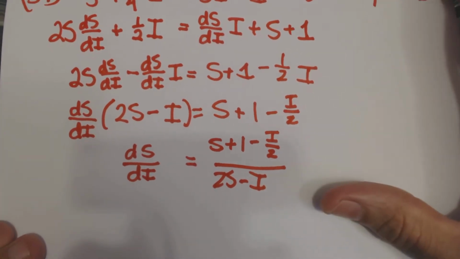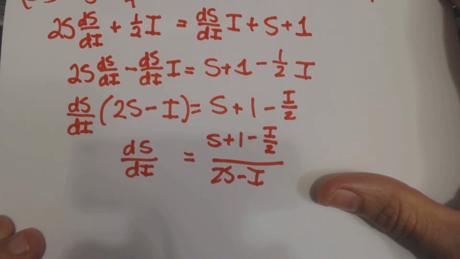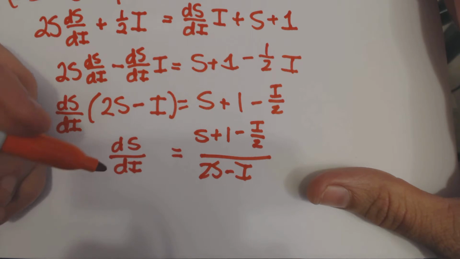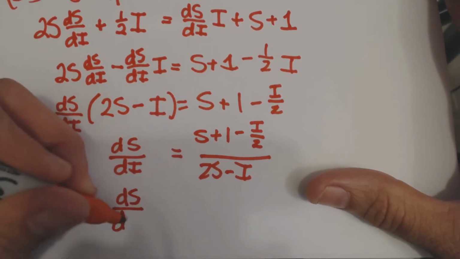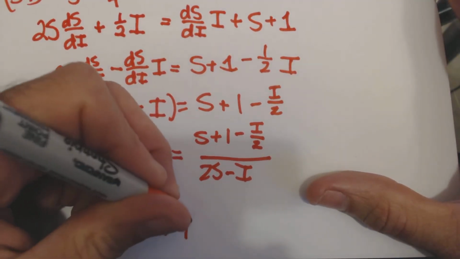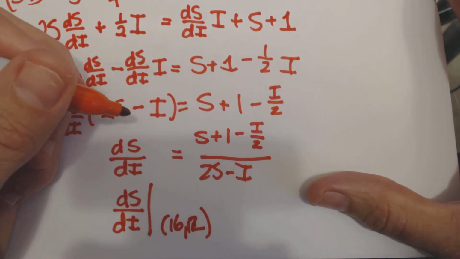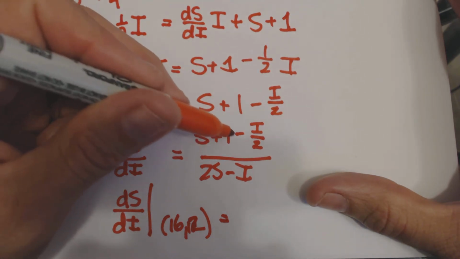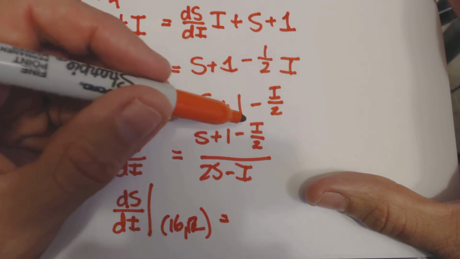And now we want to evaluate this at income level of 16 billion and savings at 12 billion. And then once we do that, we want to subtract that from 1 to get the marginal propensity to consume at those values. So ds di evaluated at 16 and 12 is going to give us, so s is 12 plus 1, that's 13, minus I, which is 16 divided by 2, minus 8.